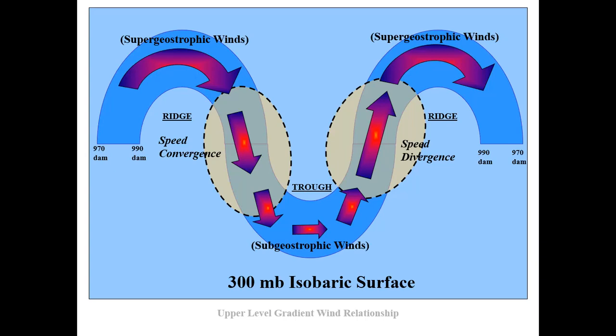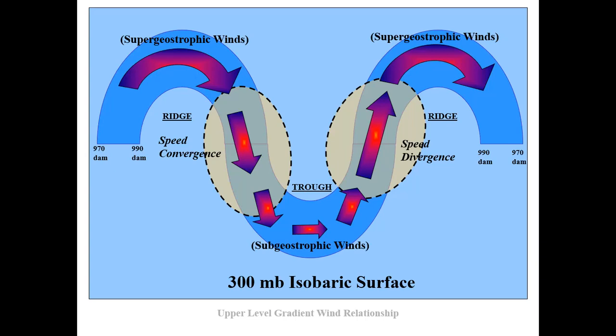You slow down to avoid riding out in front of that car. The same thing applies to the air parcels in the atmosphere. Not as much energy is required as the air parcels come down into the base of this trough, so they slow down, or decelerate. And that results in a subgeostrophic wind in the base of the trough. Sub meaning slower, lower wind speeds.